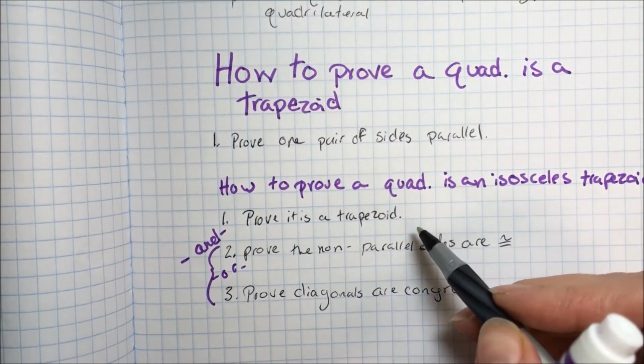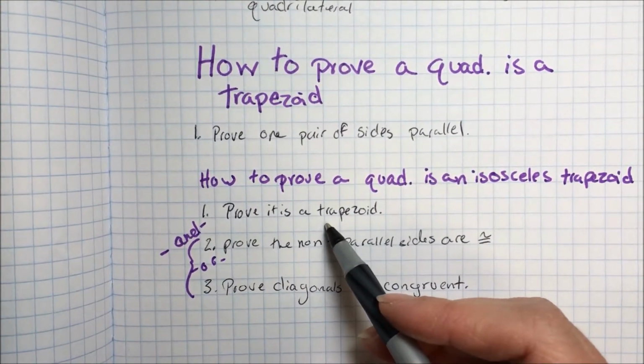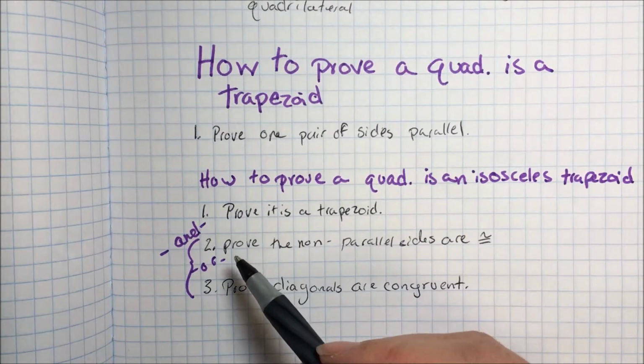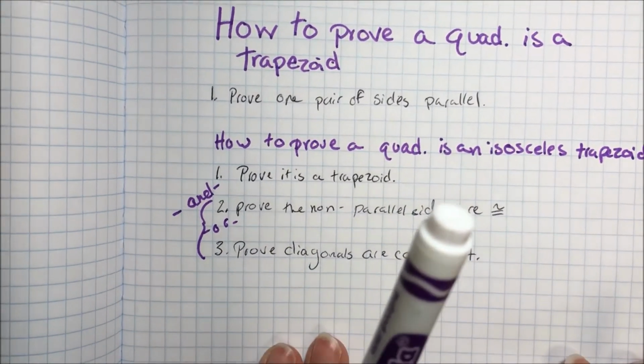Okay, so in order to prove that a quadrilateral is an isosceles trapezoid, we first need to prove it is a trapezoid, and then we also either need to prove that the non-parallel sides are congruent or that the diagonals are congruent.